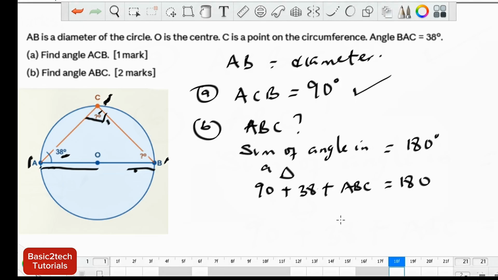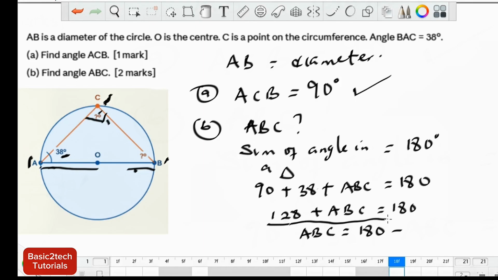So what is 90 plus 38? That will give us 128 plus ABC equal to 180 degrees. So therefore, angle ABC is equal to 180 minus, so 128 will move to my right, it becomes a negative, so it becomes minus 128.